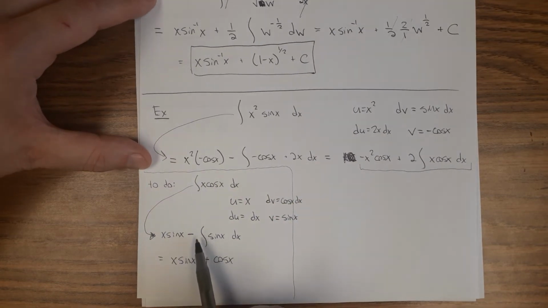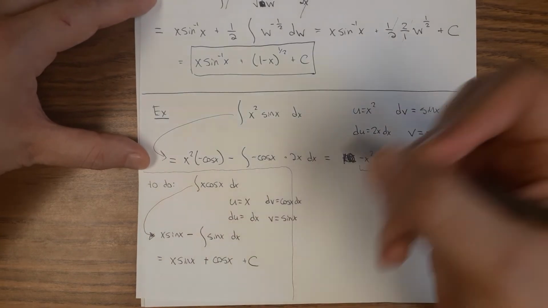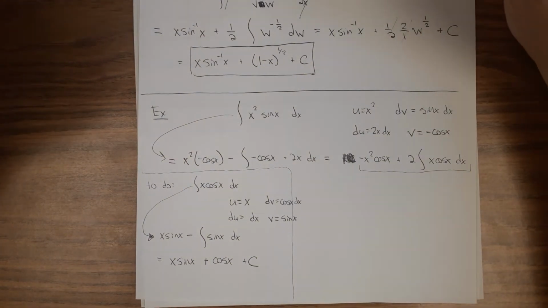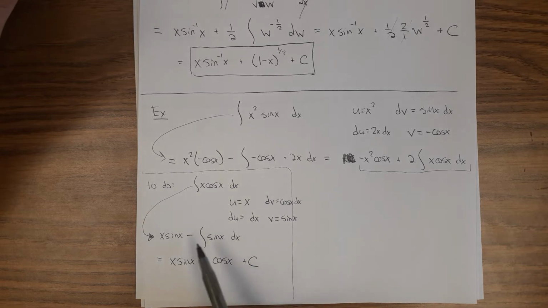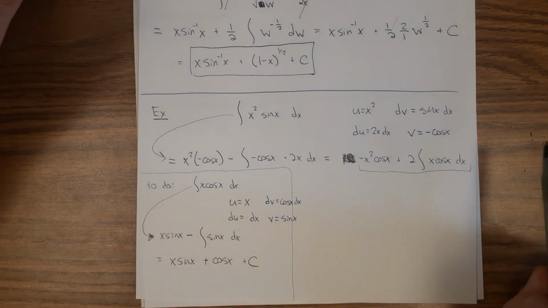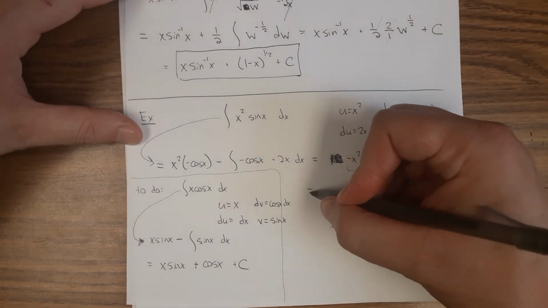Because I've got this negative sign, but the antiderivative of sine is negative cosine, so there's two negatives. So let's just remember that we were doing this side work so we could have an answer to put up here. So let me continue where we left off.